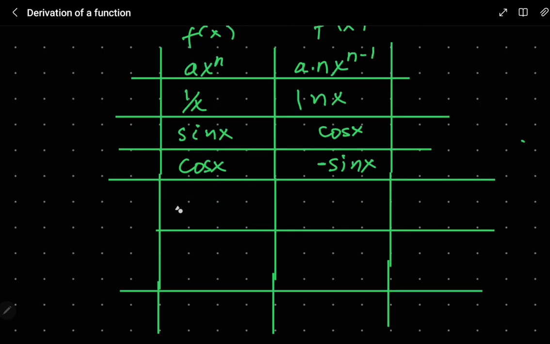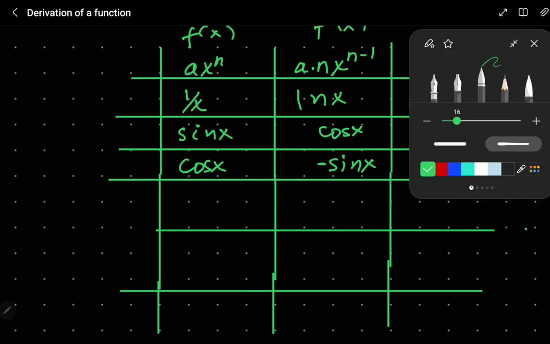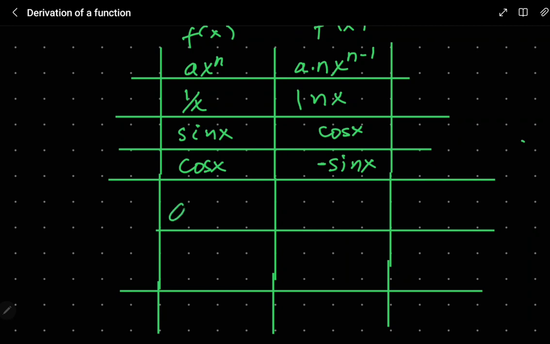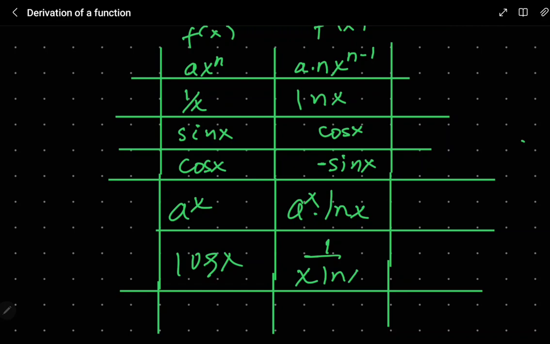Then if f of x is exponential, meaning it is a to the power of x, then its derivative is itself, a to the power of x, times its natural logarithm, ln a. And if f of x is log x, then f derivative is 1 over x ln x.